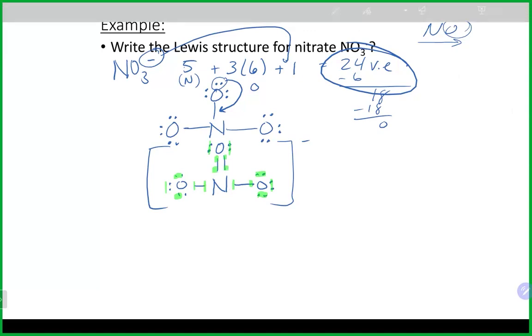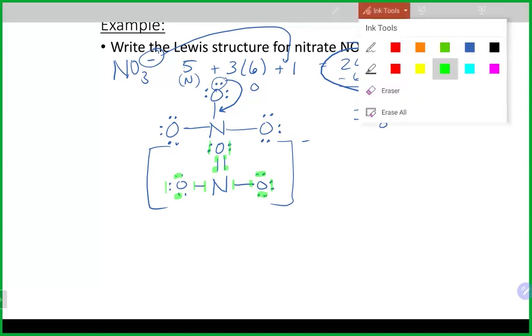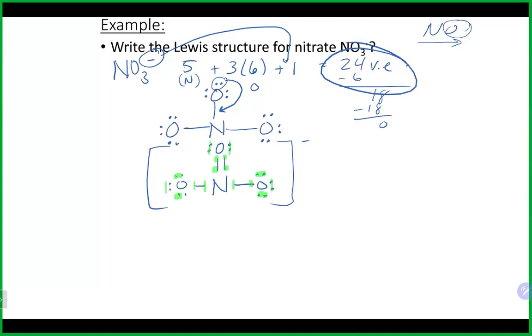I still only have, if I go around, 2, 4, 6, 8, 10, 12, 14, 16, 18, 20, 22, and 24 electrons total. So I still have 24 electrons. I have fixed it by making a double bond in this case. And that would be the proper structure without all the highlighting on it.